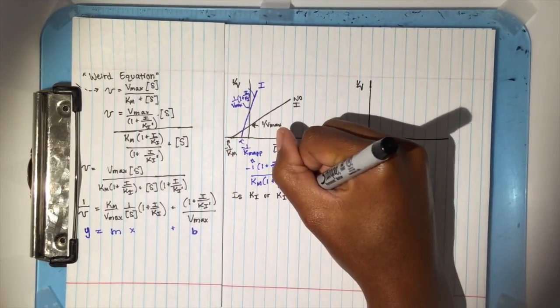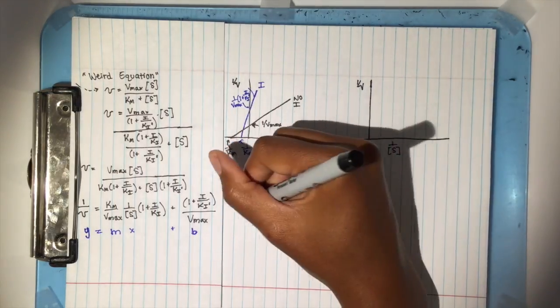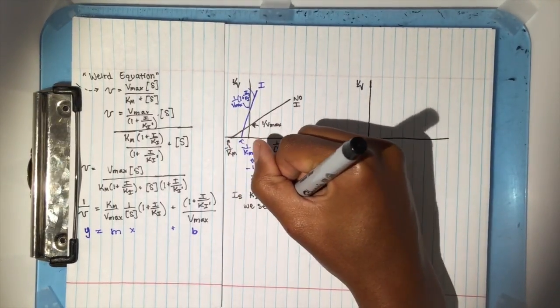And so let's say we want to figure out whether Ki is bigger or smaller than Ki prime. And so from the graph, we can see that Km is actually smaller than Kmap.